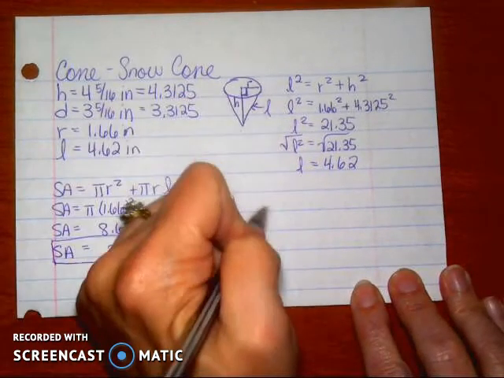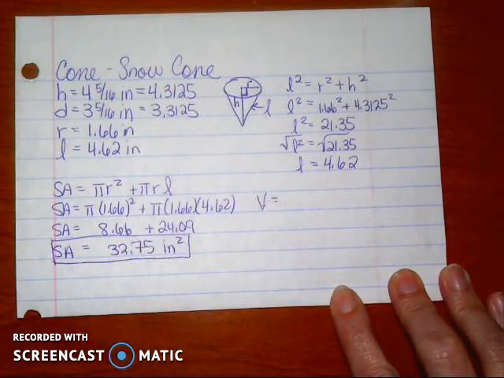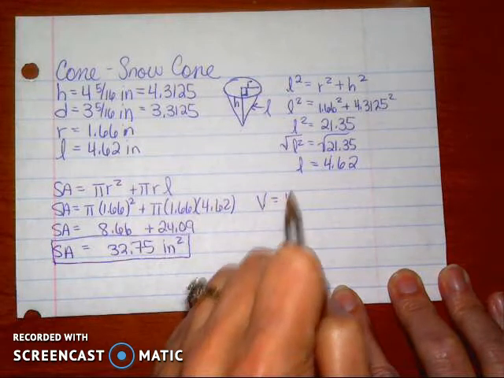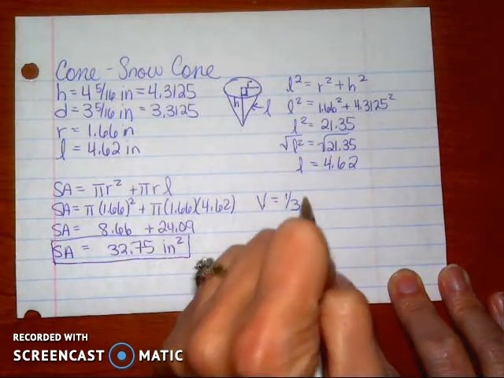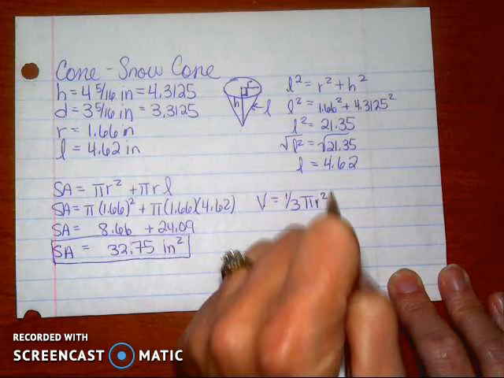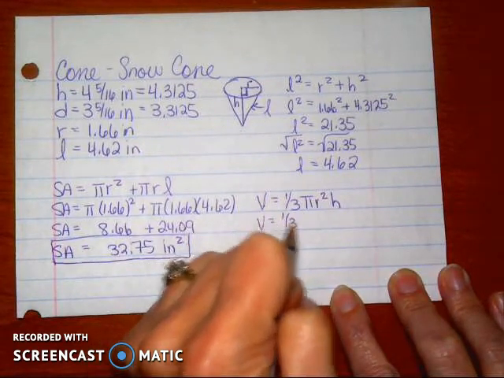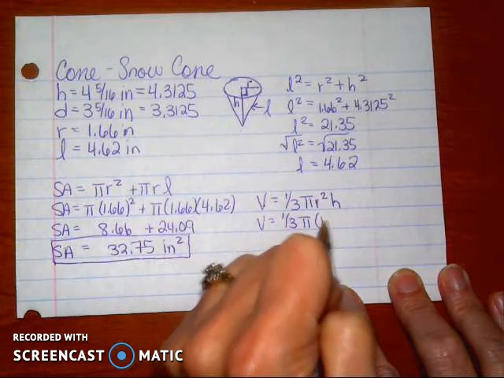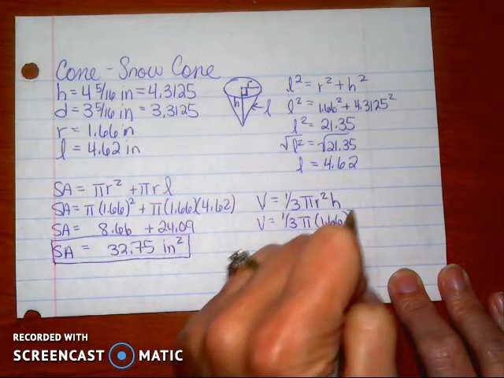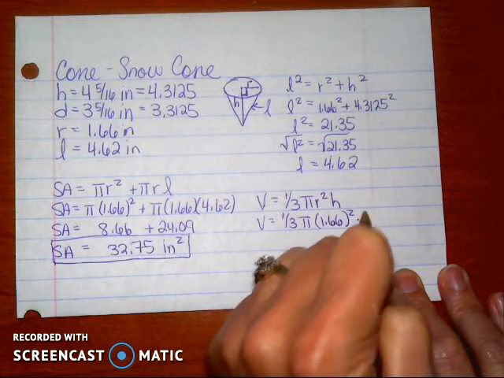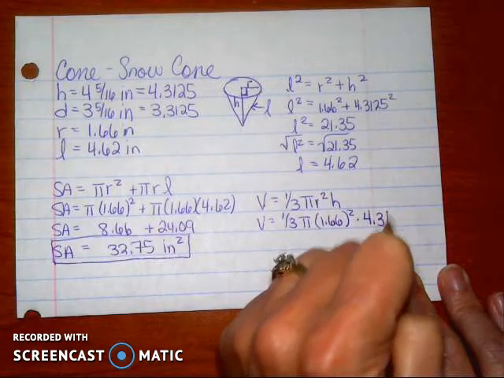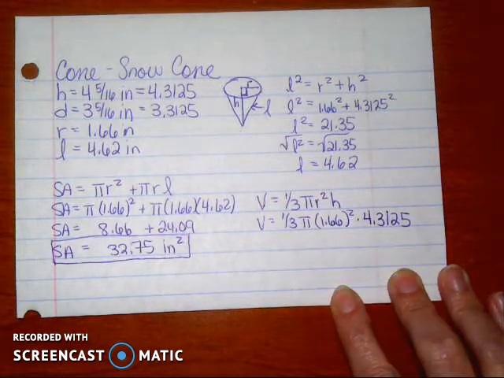My volume is equal to 1/3 pi r squared h. So volume is equal to 1/3 pi times 1.66 squared, and then we go back to the original height, 4.3125.